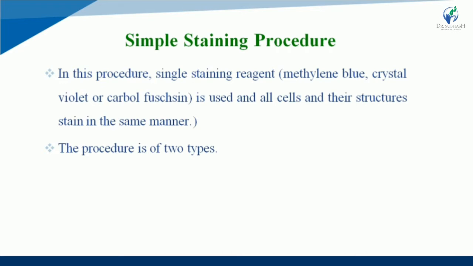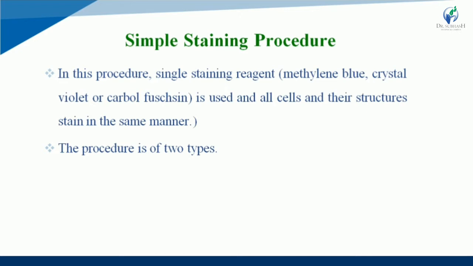So in the simple staining procedure, examples methylene blue, crystal violet or carbol fuchsin are all single staining reagents, and all cells and their structures are stained properly with the help of a single staining reagent.